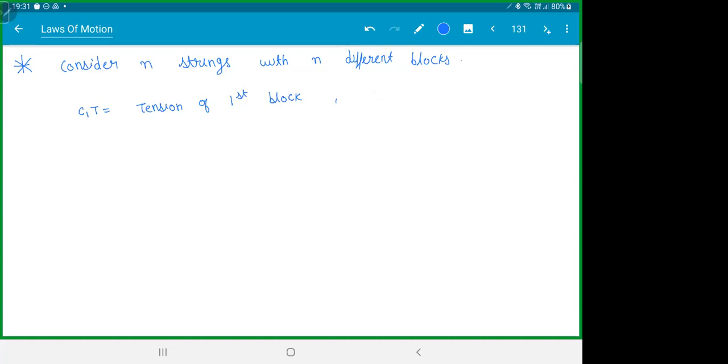So CnT will be the tension of the nth block. C1, C2, Cn are the coefficients. Mn is the mass of the nth block. Meaning, let's say you have a system with n blocks and n different strings, and An is the acceleration of the nth block.